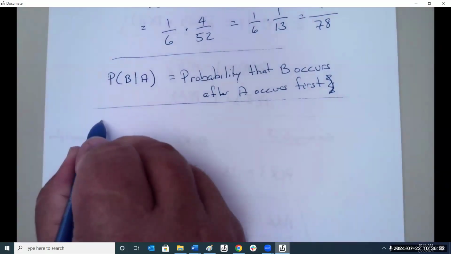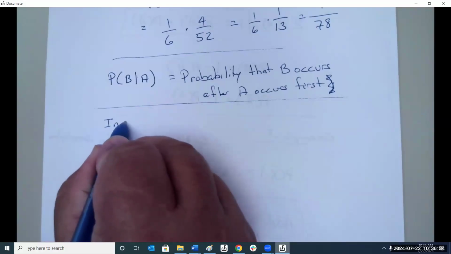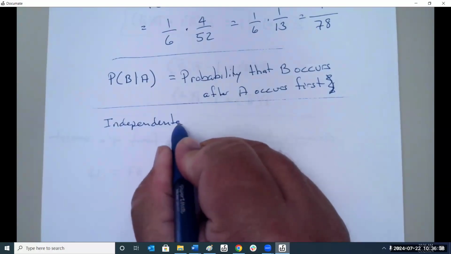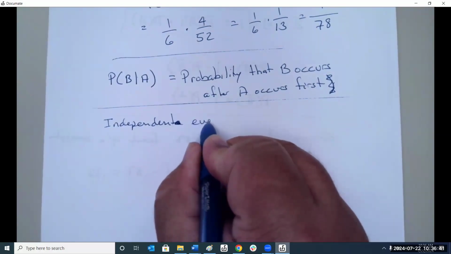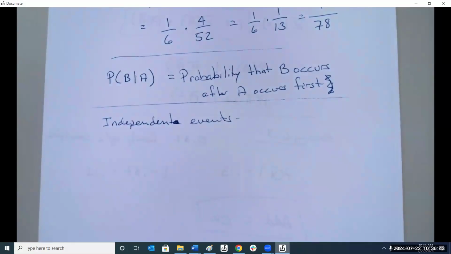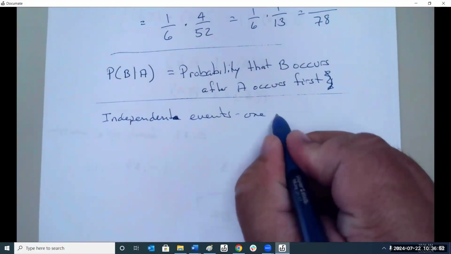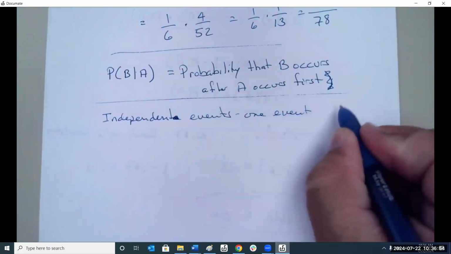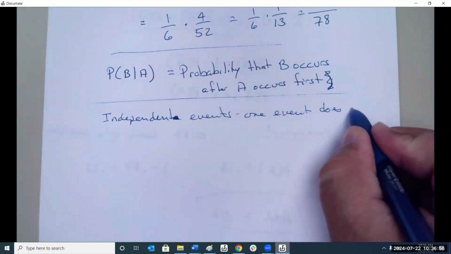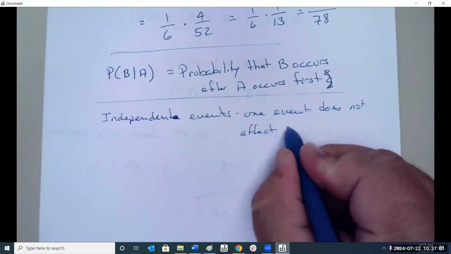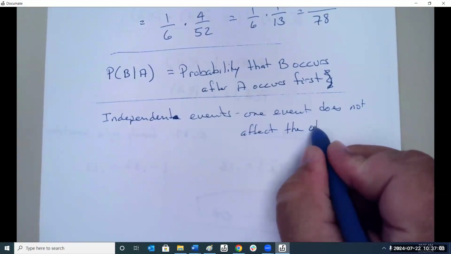This is where independence is important. Independent events. Remember what independent was? One event does not affect the other event.